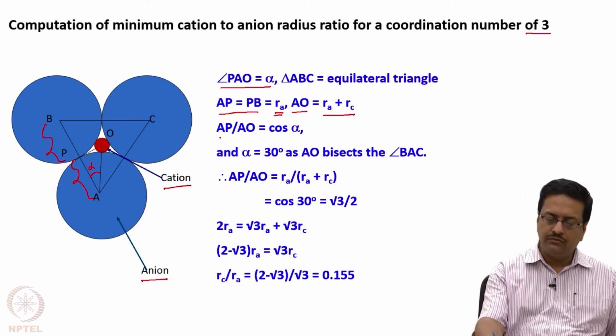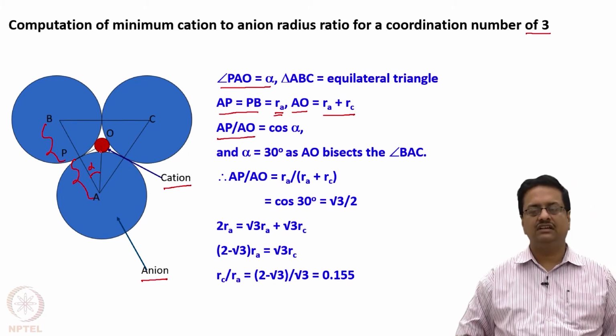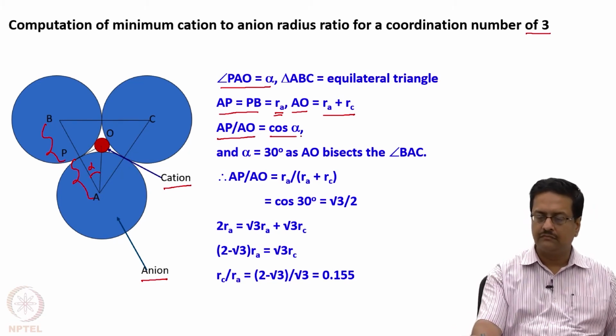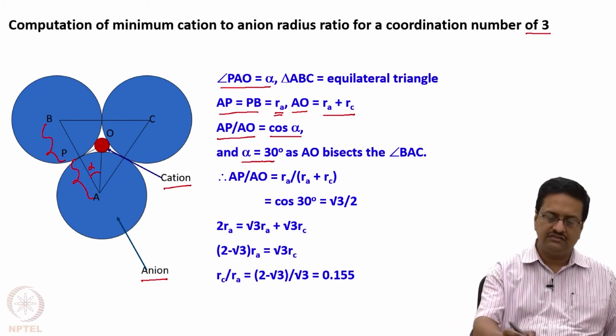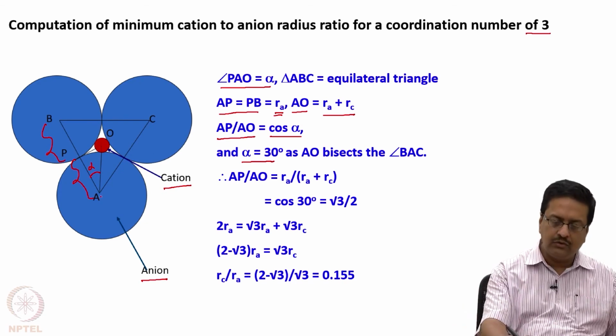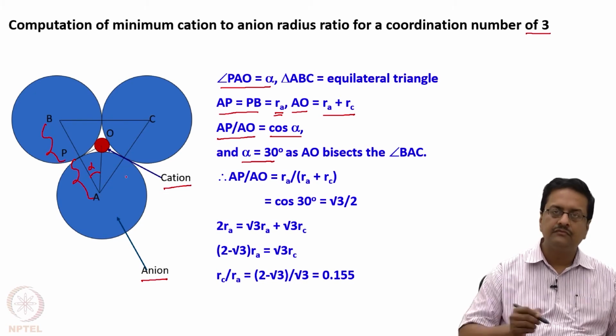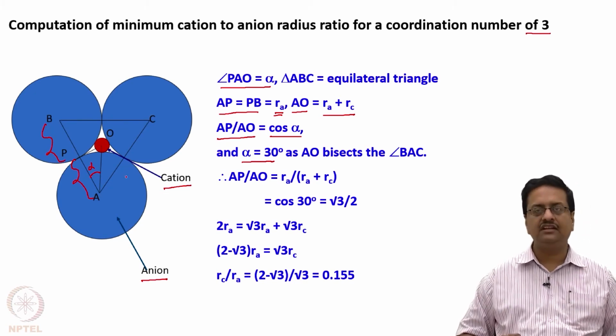Now if we do AP by AO, which is cos alpha, and alpha is 30 degrees because this is an equilateral triangle and the line AO bisects the BAC angle. So an angle of 60 degrees is bisected, that means it is 30 degrees.